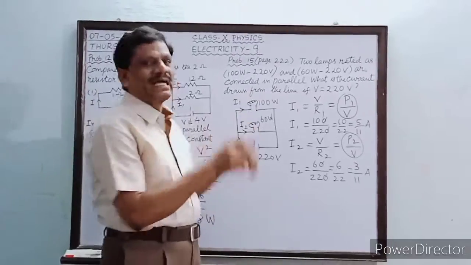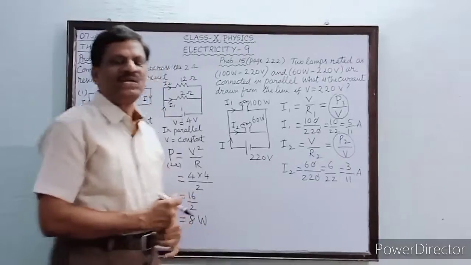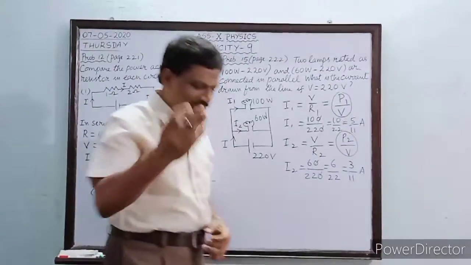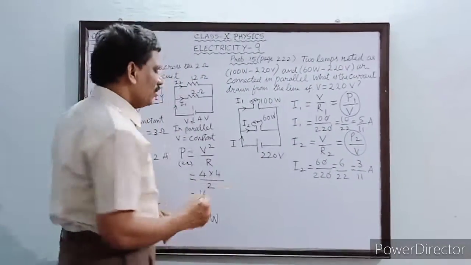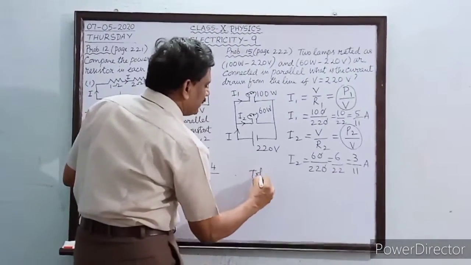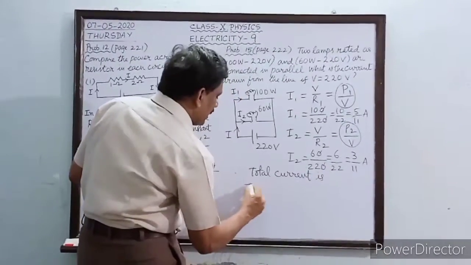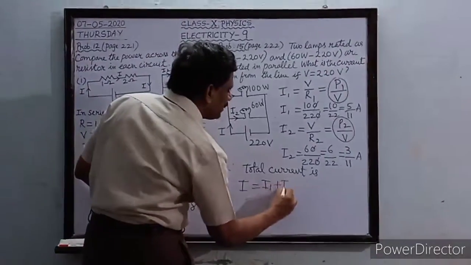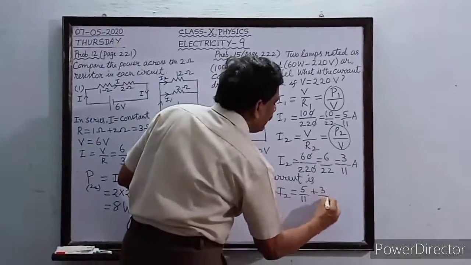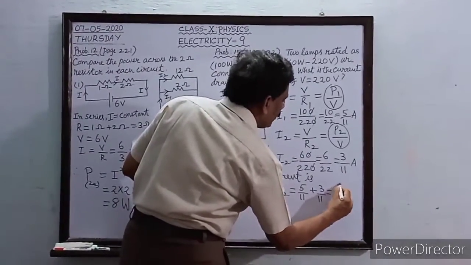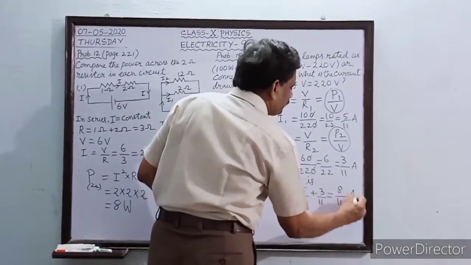So what is the individual current flowing through each bulb? I1 is equal to 5 by 11 ampere and I2 is equal to 3 by 11 ampere. Yes, now you tell me how will you find the total current flowing from the line? Therefore the total current I is equal to I1 plus I2. So this is equal to 5 by 11 plus 3 by 11, and this is equal to 8 by 11 ampere.